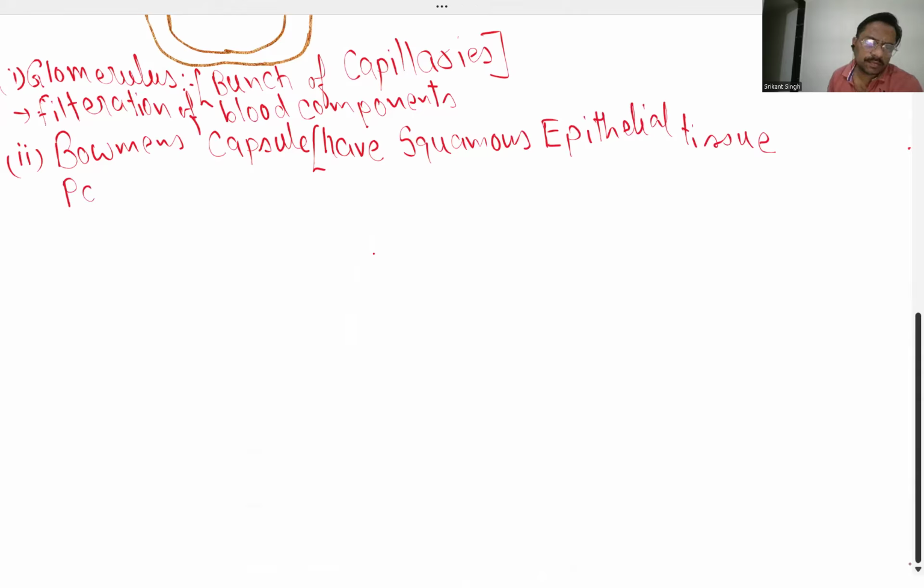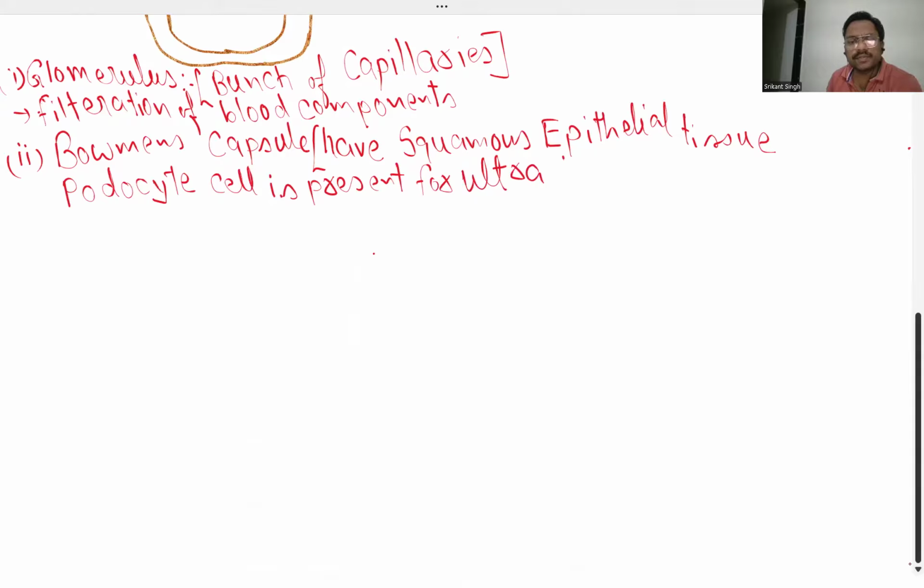Podocyte cells are present for filtration, for ultrafiltration. The podocyte is for ultrafiltration.